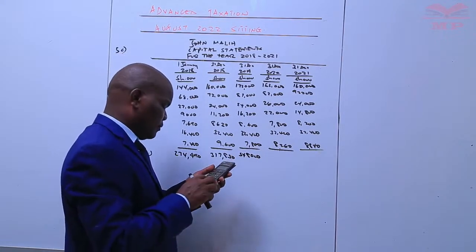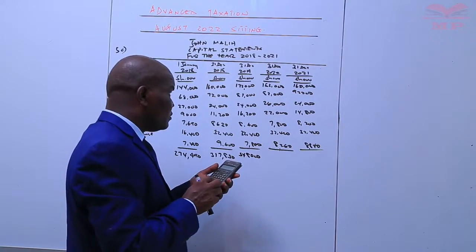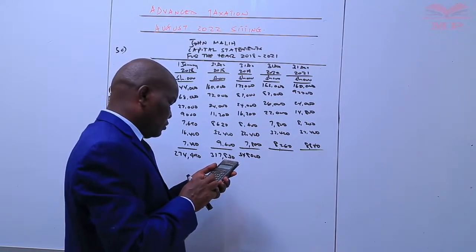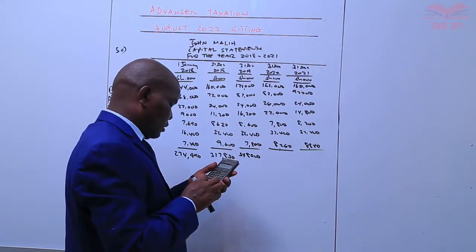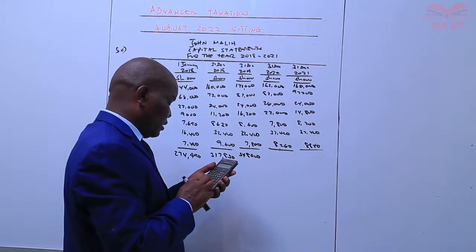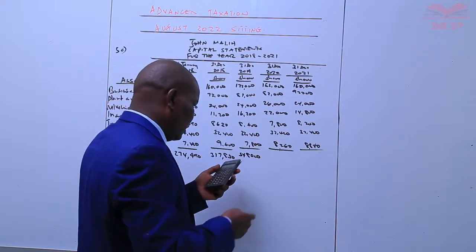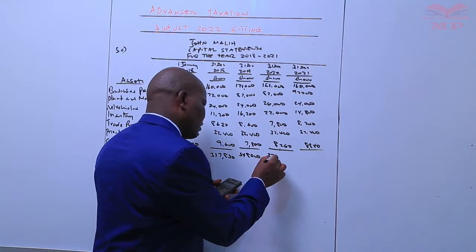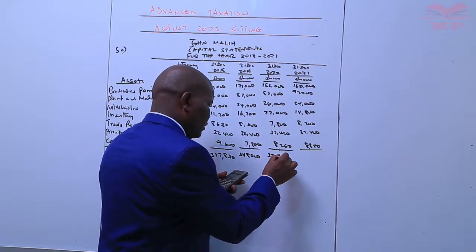2020: 152, 82, 26, 22, 7,800, 32,400 and 8260. I get 330,460.